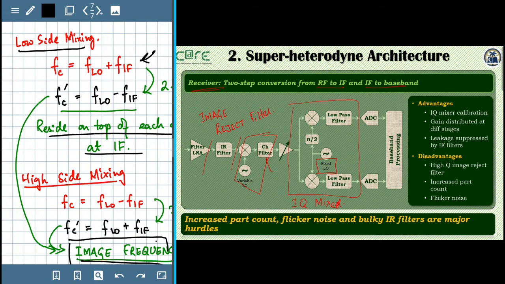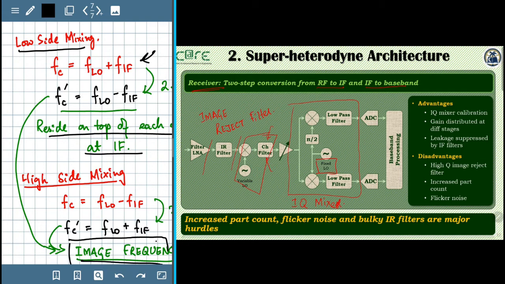Leakage is suppressed by the IF filters, so any local oscillator leakage will not be passed on to the baseband processing platform because of the intermediate frequency filters, which remove any DC component present at this stage.